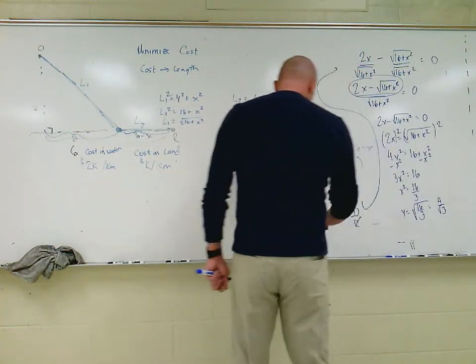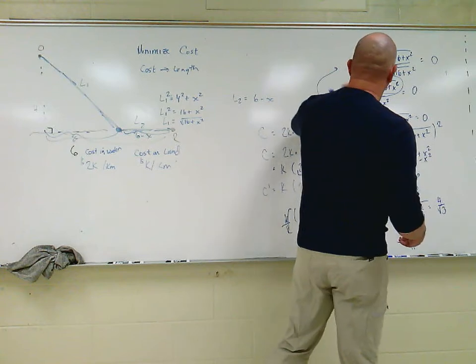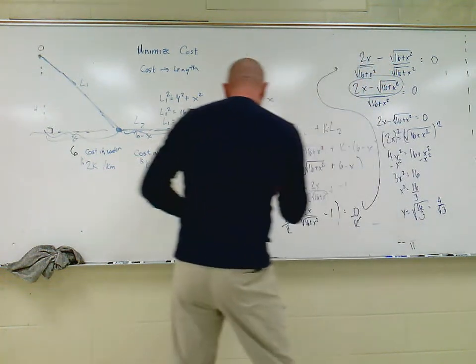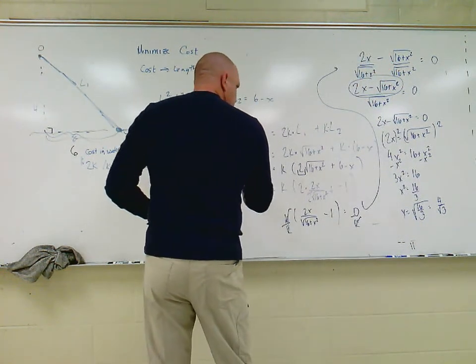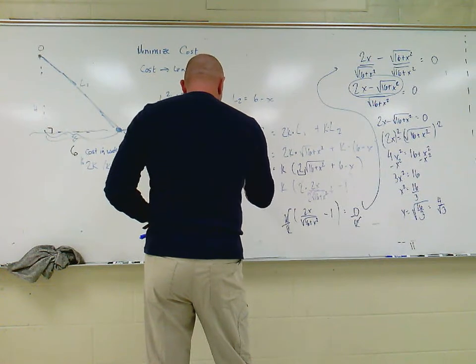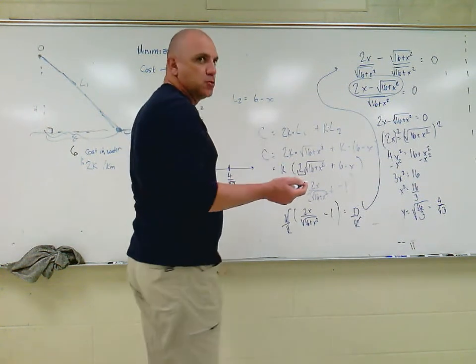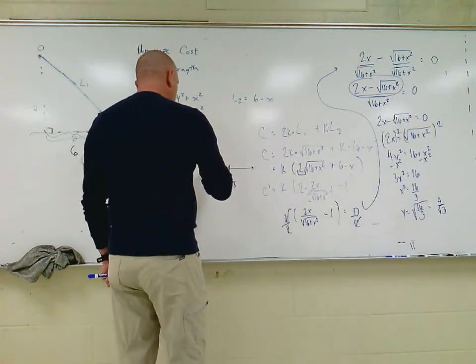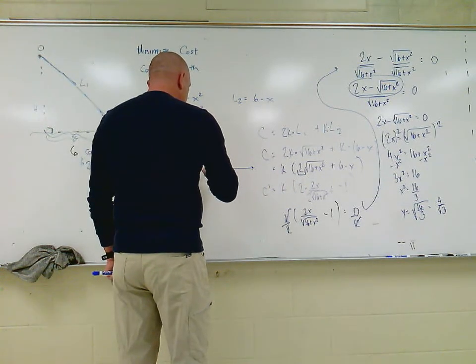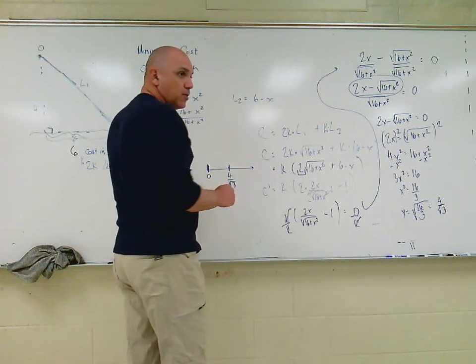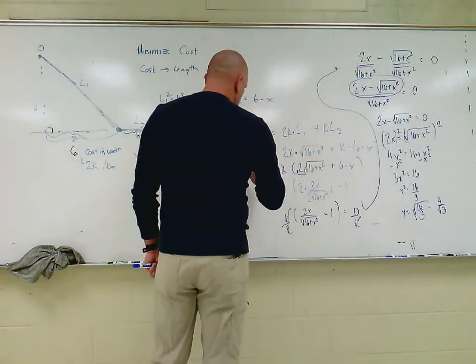Wherever you want to use this fraction, 4 over the square root of 3, whatever that value is, you probably want to use your calculator. X is not going to be smaller than 0, and x is not going to be bigger than 6.